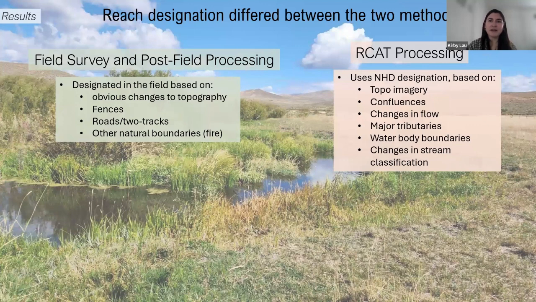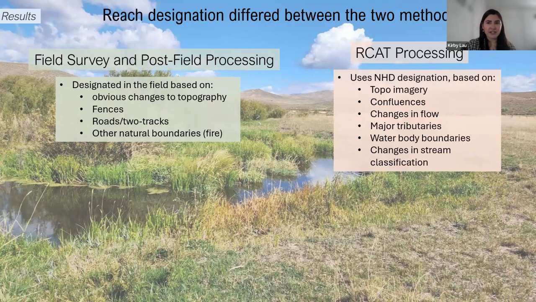So next, when it came to reach designation, we had some pretty interesting differences between what we called unique reaches in the field and what RCAT called reaches. This is probably at least partially because RCAT uses the NHD-based reach designation, as you can see on the right, which looks at things like confluences, major tributaries, water body boundaries, etc., to make those reach designations.